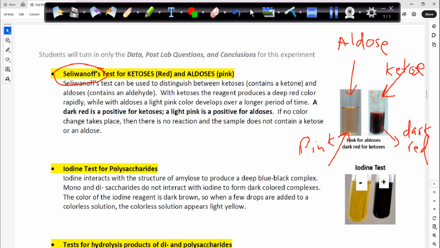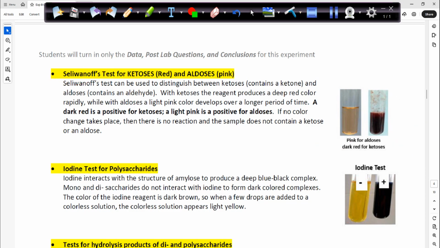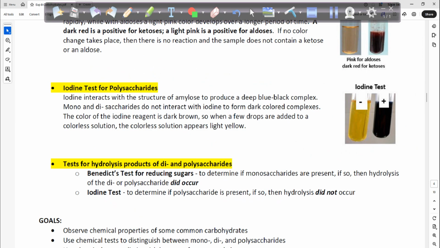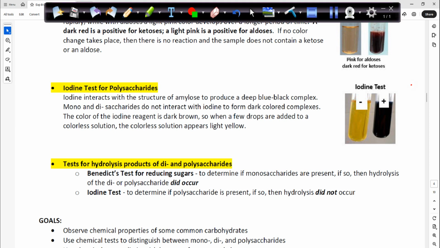The last test is the iodine test. Iodine test is positive for polysaccharides: cellulose, starch, glycogen. Those we can use iodine for. Iodine will make a complex. This complex will look like this. So this is iodine itself, this is iodine solution.